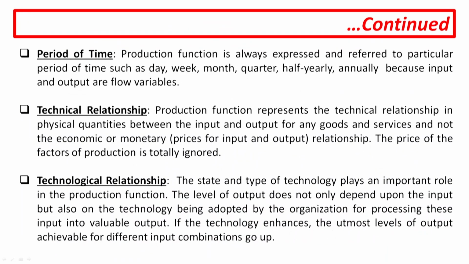Period of time. Production function always relates to a period of time. It may be a day, week, month, quarter, half yearly, annually, because input and output are flow variables. You are producing the goods for a week, for a month, for a quarter. That means for every purpose, every product is required for a specific period of time.